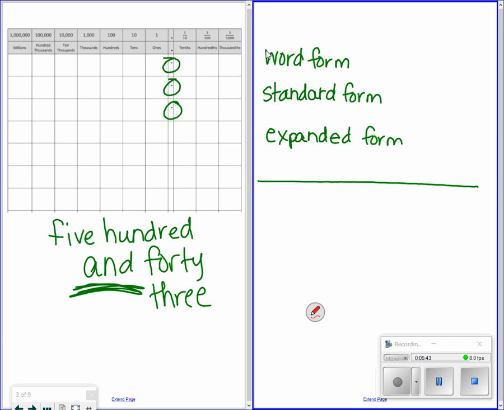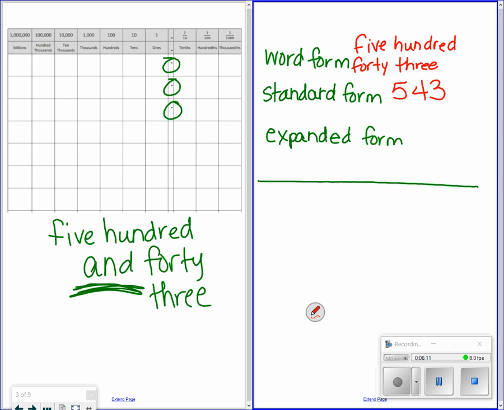So if I had our word form, if I had the 543, okay, 543. I know when you were in lower grades, you had to do expanded form.